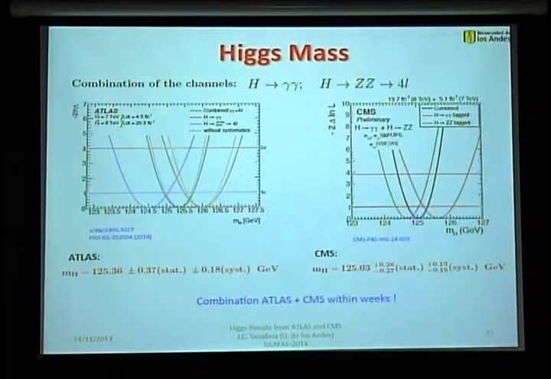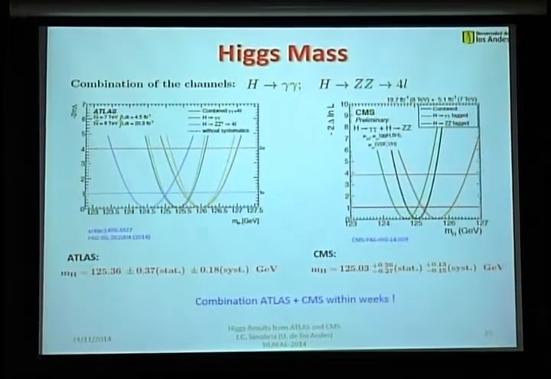The mass measurement comes from these two channels, gamma gamma and H to ZZ to 4 leptons. A combined likelihood fit to the data was performed by ATLAS and CMS for those 2 sets of data, and Professor Ellis this morning discussed these fits in detail. The results are ATLAS 125.36 and CMS 125.03.